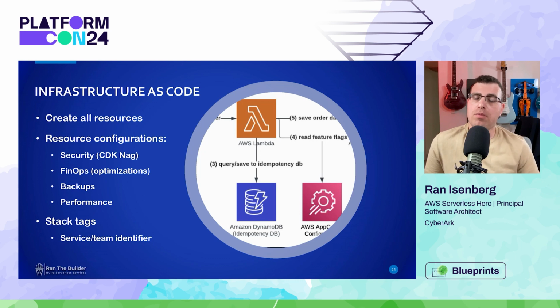You have backups and performance optimizations. Maybe you have provisioned concurrency in production, but not in dev accounts. And then you have stack tags, which are also included in the cookbook. The stack tags are really critical if you want better visibility into who built every resource. You need to know the team, the service, the microservice. It's really critical when you have multiple services deploying to the same account.